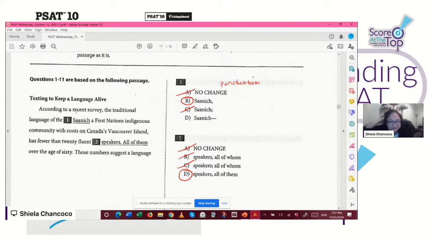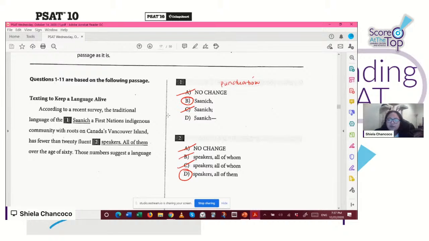So number 1: according to a recent survey, a traditional language of the Saanich, a First Nation Indigenous community with roots of Canada's Vancouver Island, had fewer than 20 fluent speakers. Okay, so here they had said a traditional language of the Saanich.